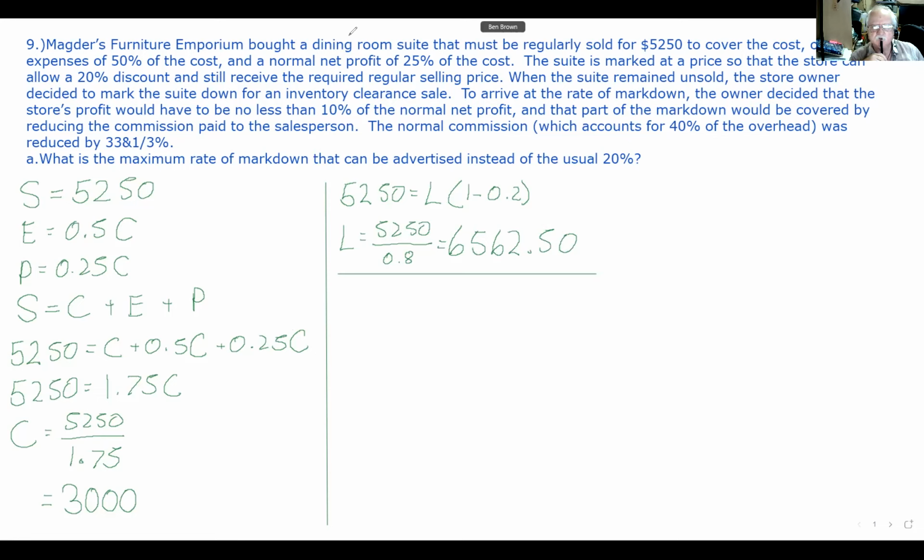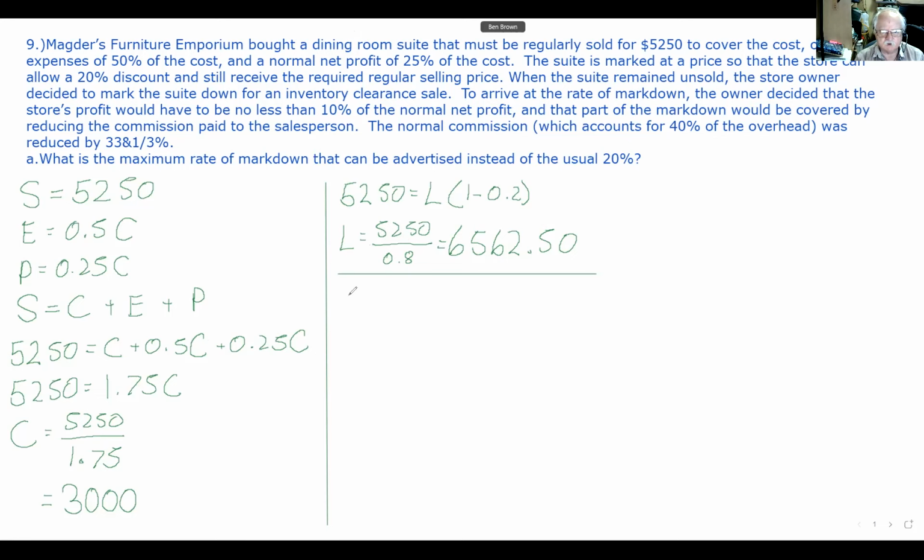So what do we now know? When the suite remained unsold, the store owner decided to mark the suite down for an inventory clearance sale. To arrive at the rate of markdown, the owner decided that the store's profit would have to be no less than 10% of the normal profit. So let's find out what 10% of the normal profit was.